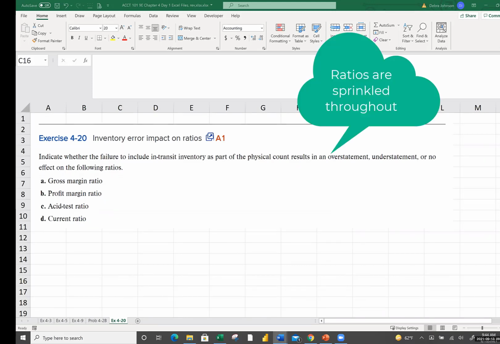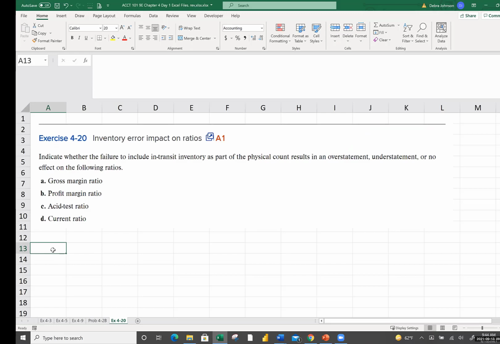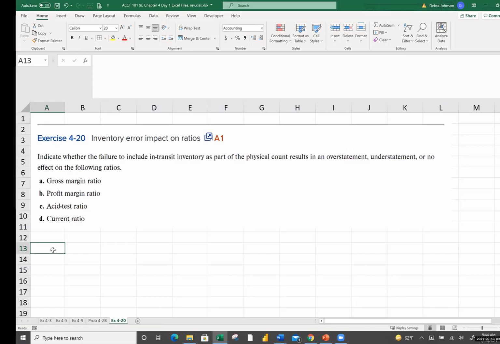These are all a repeat from Accounting 100, but because it's been a while since you may have taken Accounting 100, let's go over these. So I want to get into your notes what these things are and what they measure. And then we'll answer the question, overstated, understated, or no effect.